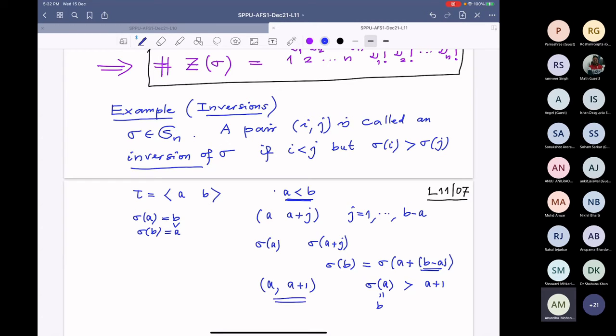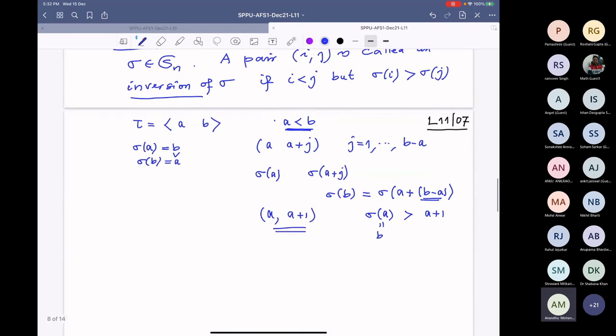So this is also an inversion, and so on. You can do this argument till b minus a, and exactly those are inversions. Other than that, there is no inversion; please check that. So you can write down all the inversions. j is from 1 to b minus a, so the number of inversions is b minus a.